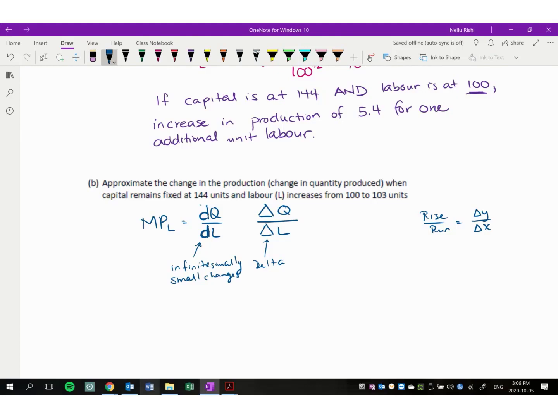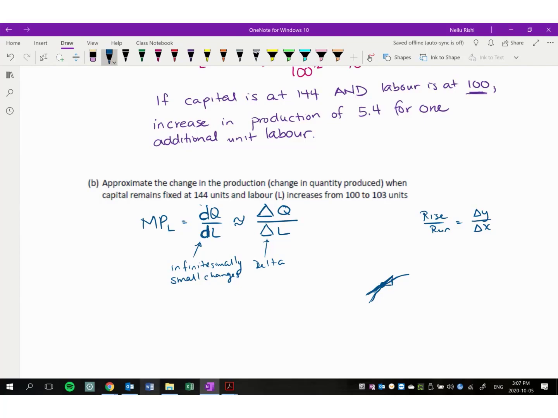So what this does, it estimates that bigger change. It's not going to give you the exact change. On a linear function, it'll give you the exact change. On a nonlinear function, it's not going to give you the exact change that you would get with 1 unit, but it's going to estimate that change. So if this is 1 unit, here's the real change.